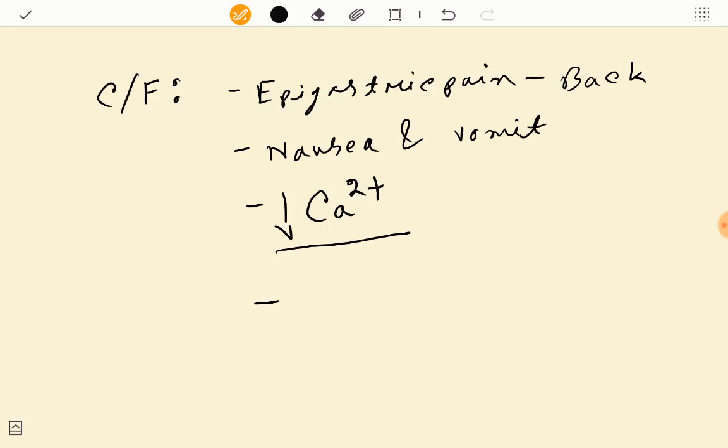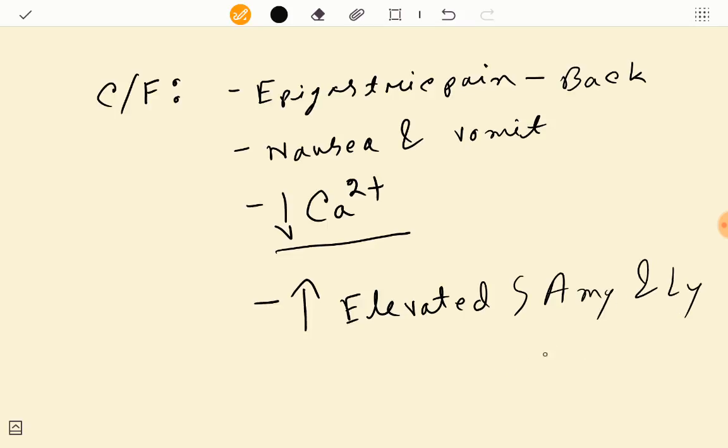Now the next thing we have to remember is elevated serum amylase and lipase. Lipase is more specific because amylase can also be increased in salivary gland disease.